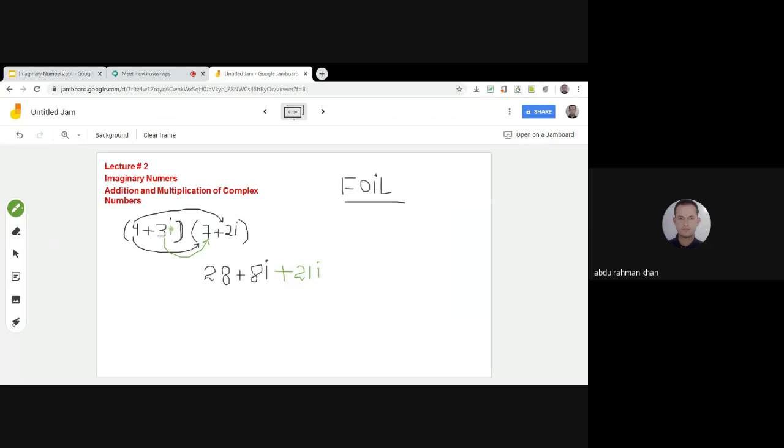Last: 3i is the last and 2i is the last, so now I will multiply 3i with 2i. 3 times 2, the answer is 6, and i times i is i square.